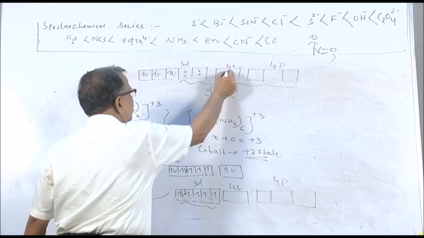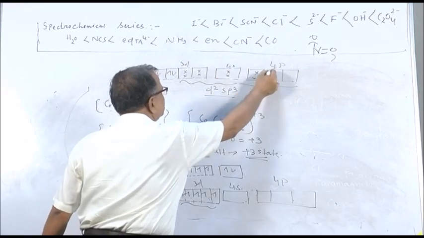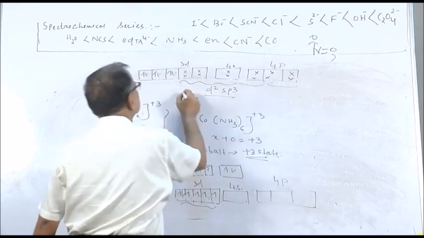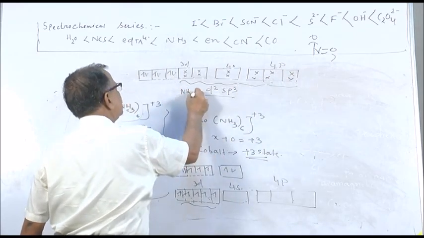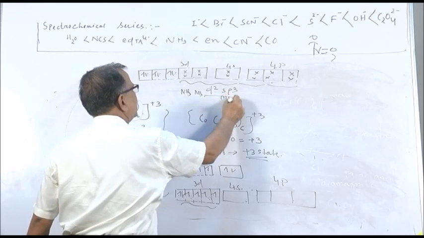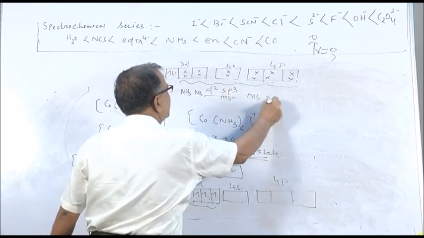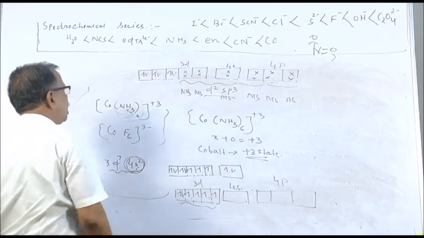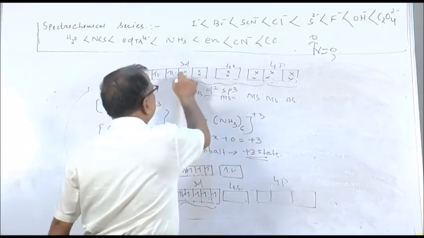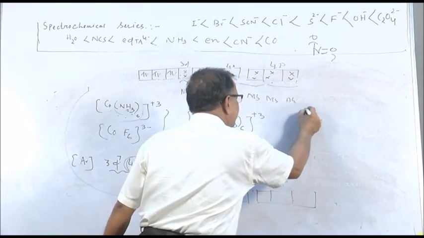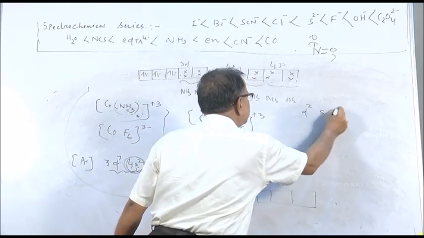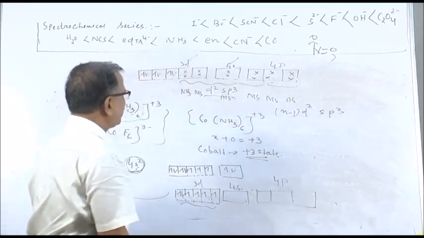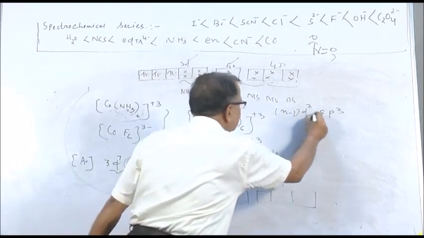This pair of electrons comes from NH3, six of them. So the structure will be d2sp3 hybridization. Since it is n minus 1 d, it is 3d, with n being 4, so 4 minus 1 is 3.